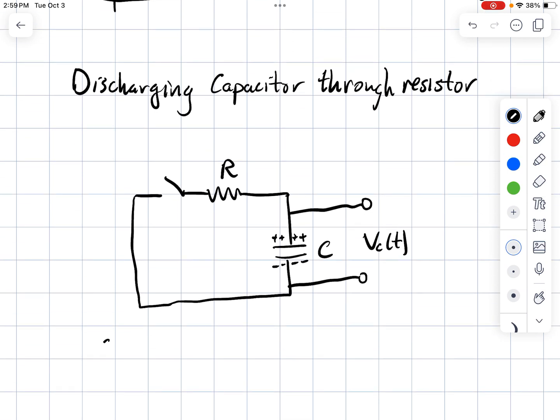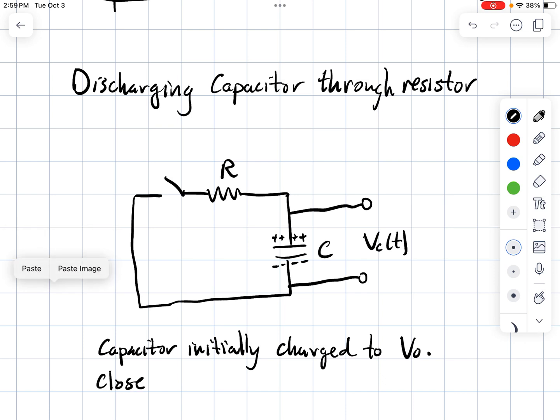So we say the capacitor is initially charged to some voltage V0, and then we close the switch at time t equals 0.